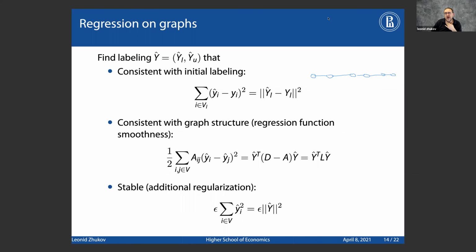And what I'm going to draw now is, let's say there is a function, there are some values assigned to some of the nodes. So some of the nodes are labeled, and let's say these are the labels.